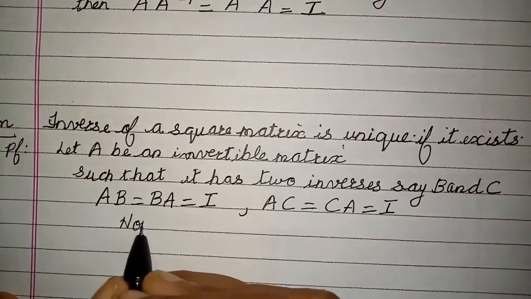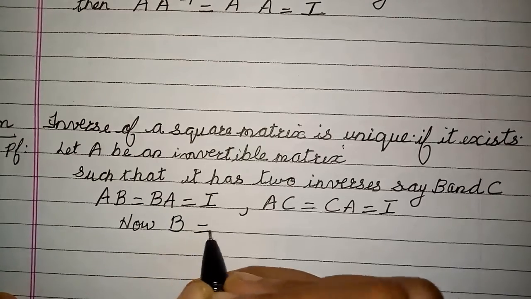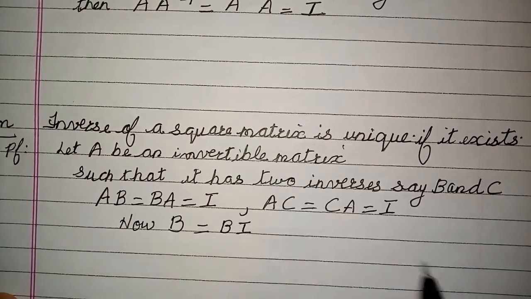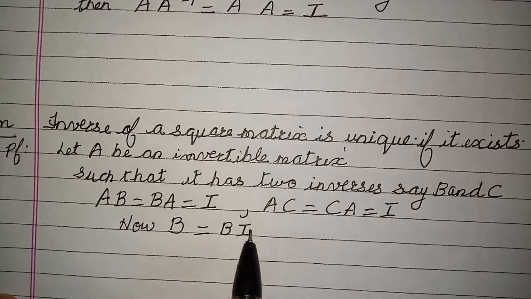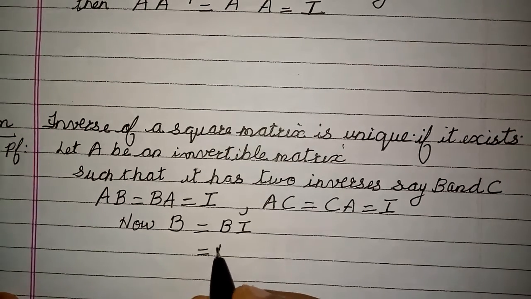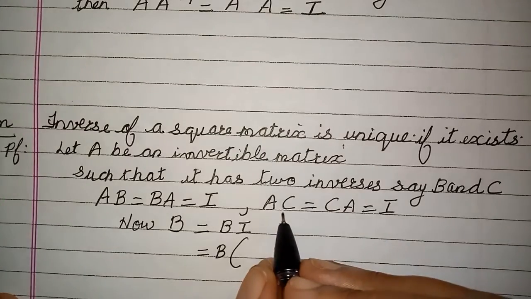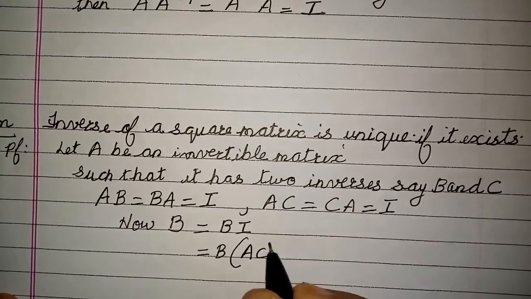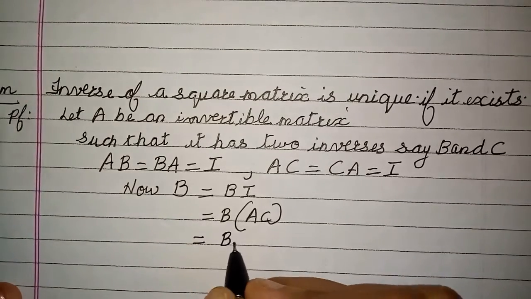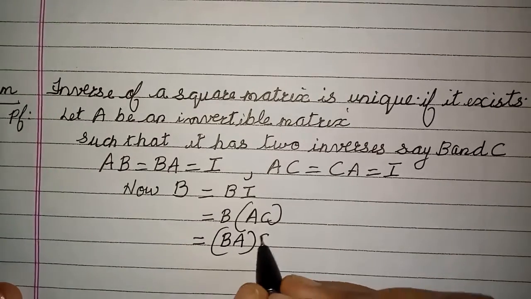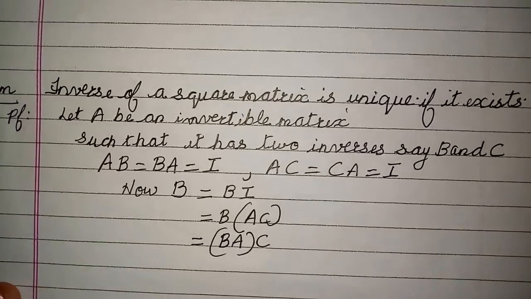Now let us start with this calculation. You know that B is B into I, because B is the inverse. So B is equal to BI. Now, instead of I, I am going to substitute AC from here. Now what do you do, children? B and A: you know that matrix multiplication is associative, so I can bring them together.